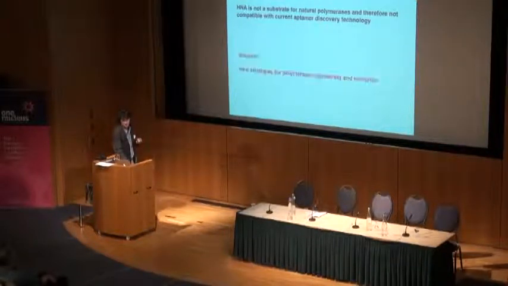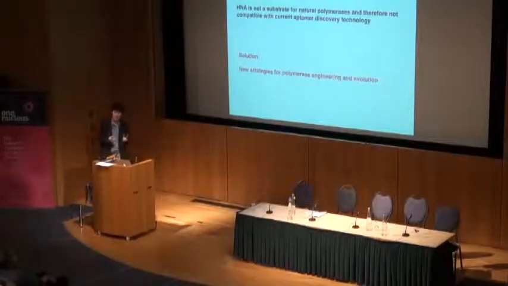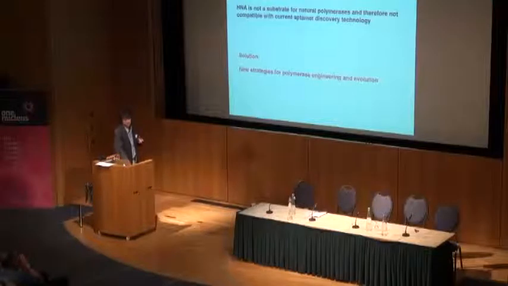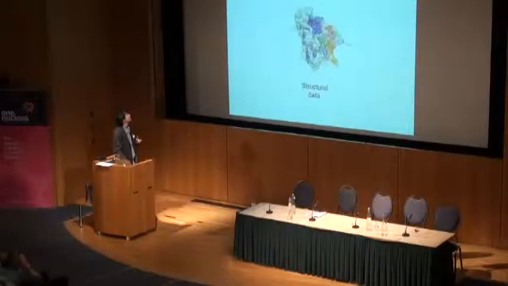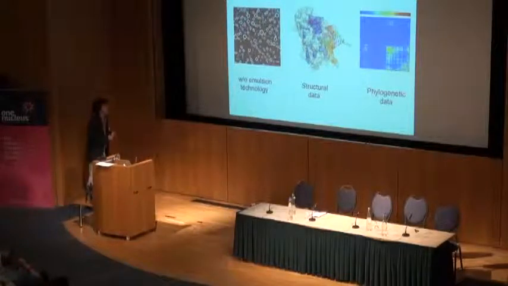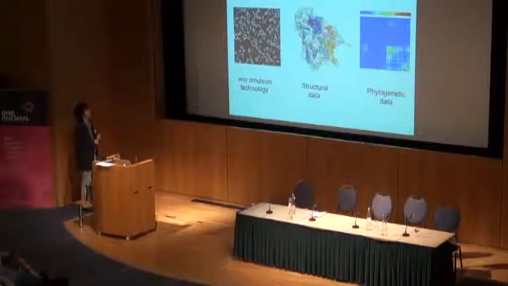Our approach has been to develop new strategies to engineer polymerases so we can apply evolutionary technologies to HNA and, as you'll see later, to a wider range of these modified nucleic acids, genetic polymers.